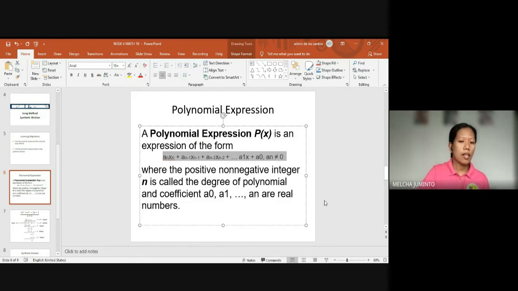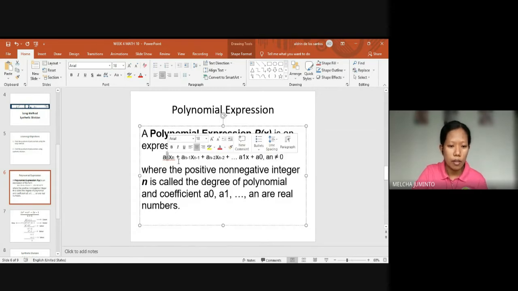And take note that a of n, or this term, should not be equal to 0, where the non-negative integer n is called the degree of the polynomial, and the coefficients a of 0, a of 1, and so on are real numbers.